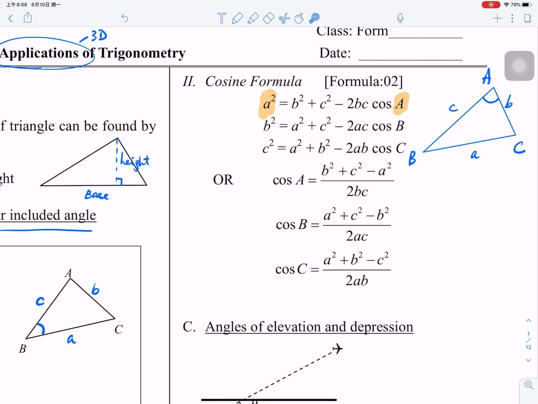If you want to find the angles back, then you can rearrange this one. Both can be done, and make use of your calculator in formula 2. You can solve for the unknown. About solving triangles, make use of these two formulas.